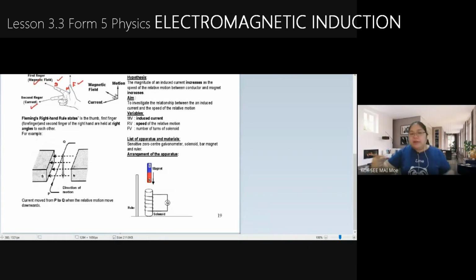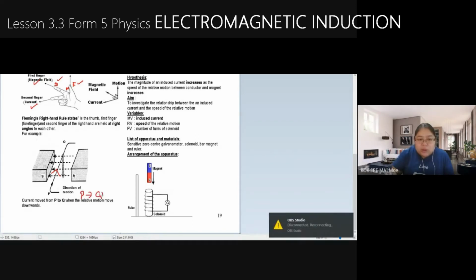It points toward yourself, which means the current comes from Q to P. So in the first situation, the conductor wire goes downward, so the current is from P to Q. So we use Fleming's right hand rule to find out where the current goes.